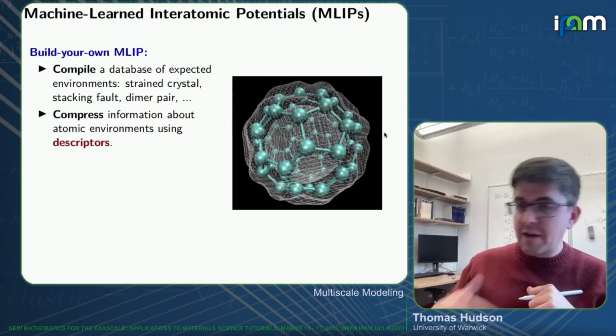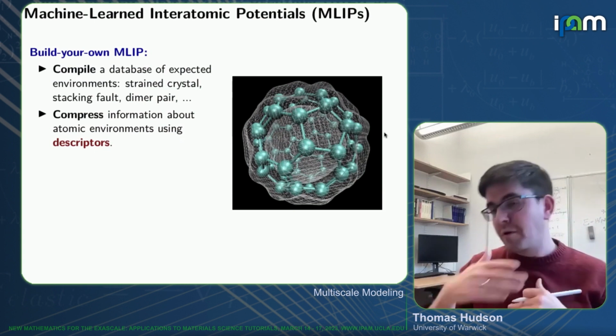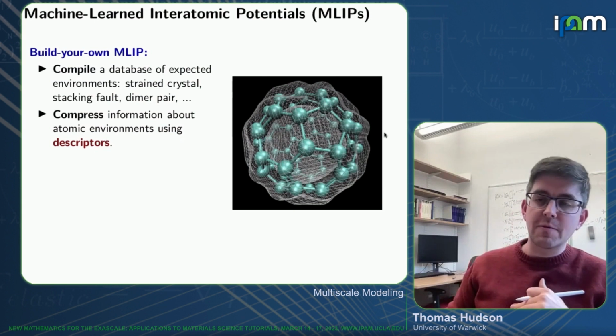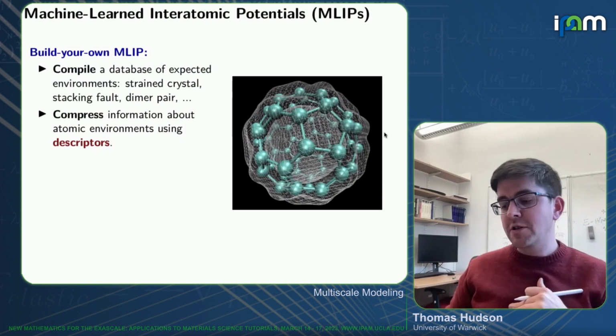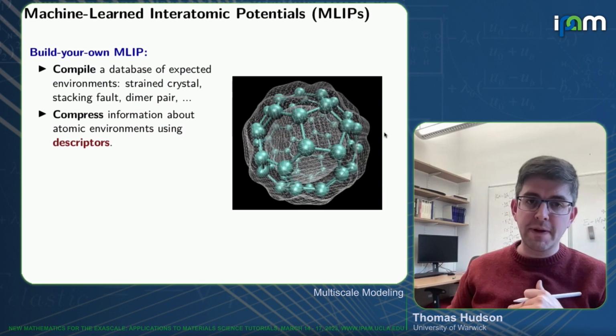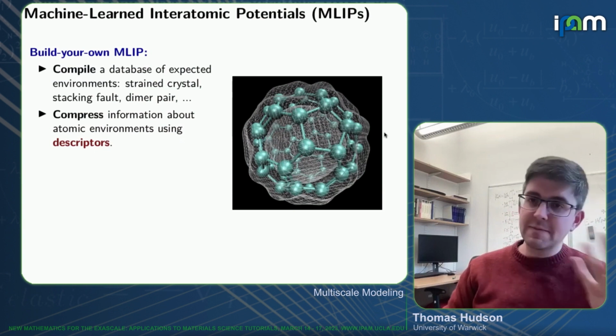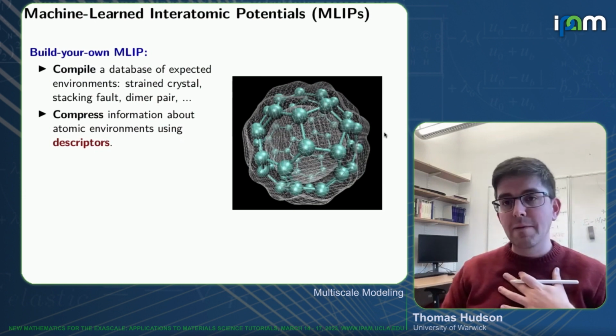And so one of the many ways that has been developed over the last few years is to encode information in descriptors. So a descriptor is just a set of variables that you can use to compress this very complicated configuration of interatomic positions in an efficient way.